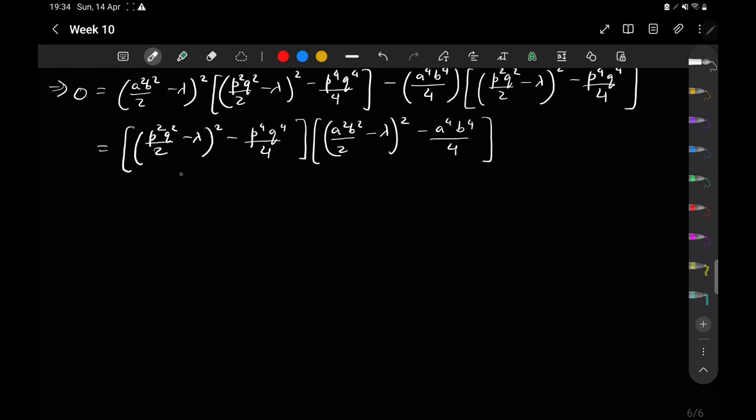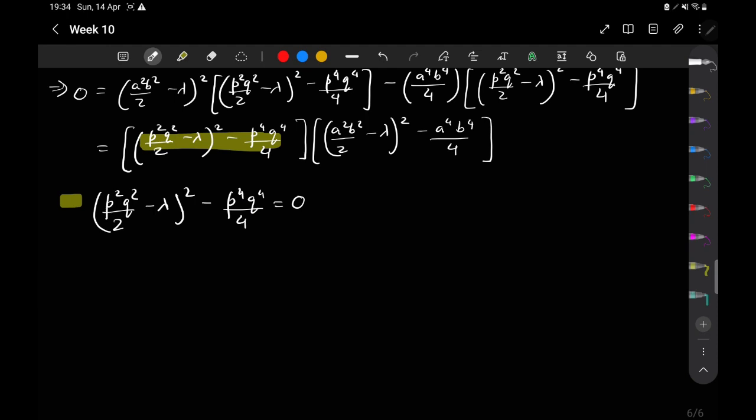Now let us look at first this first term equal to 0. Let's open up the bracket.